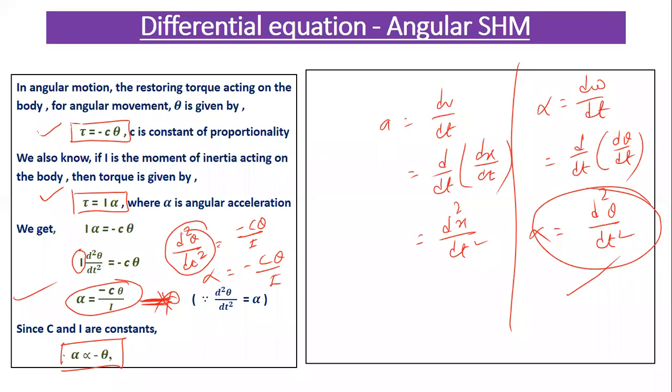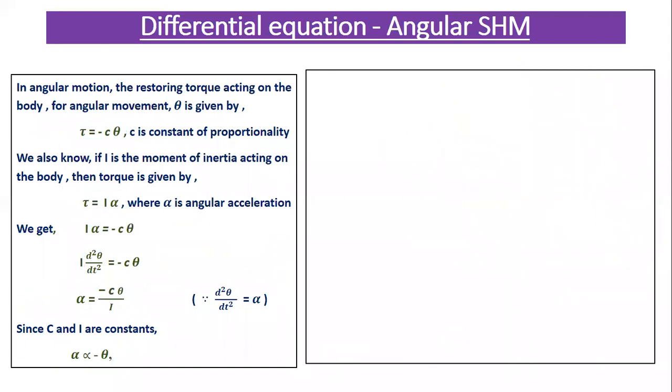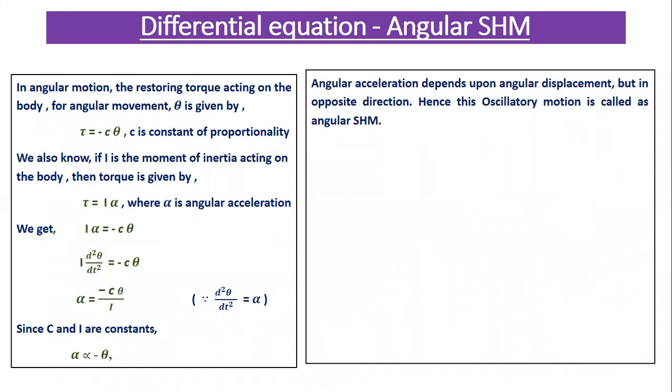Just as we wrote torque proportional to minus theta, in similar manner we get alpha proportional to minus theta. This angular acceleration, alpha, depends on angular displacement, theta. But both are in opposite directions, so we put the negative sign.